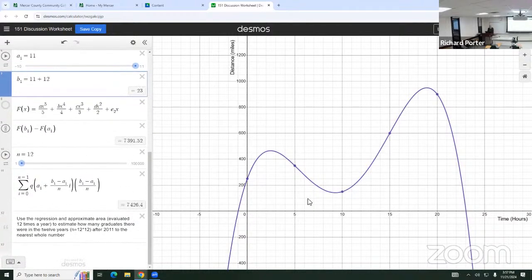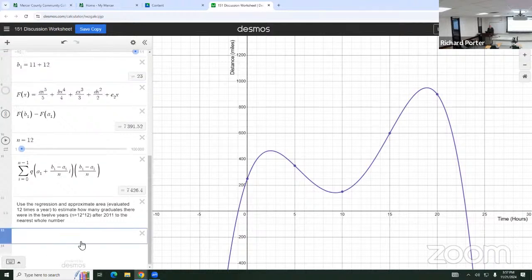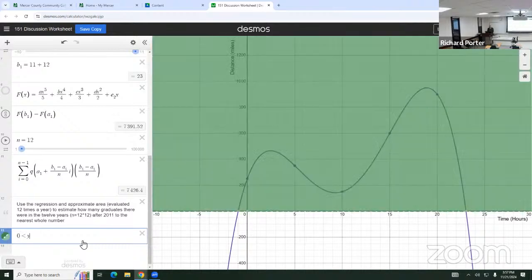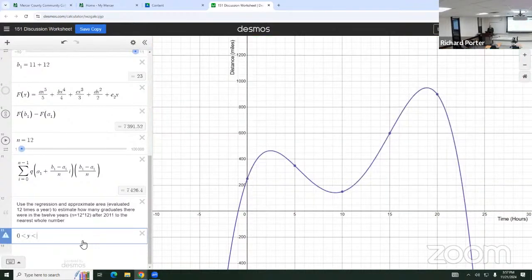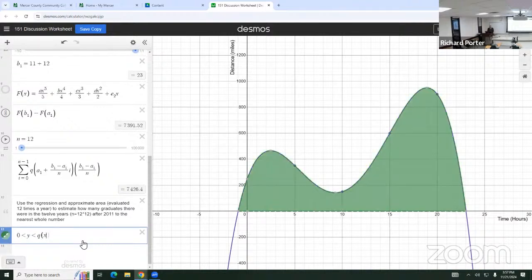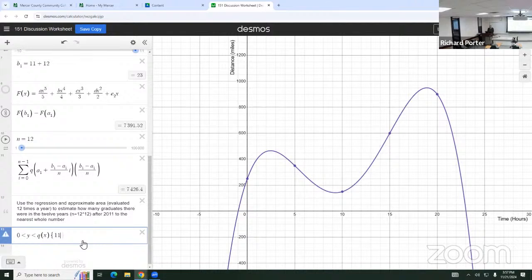I'm not getting a pretty picture, but if I were, it would be 0 less than y less than Q of x, but only between 11 and 12.